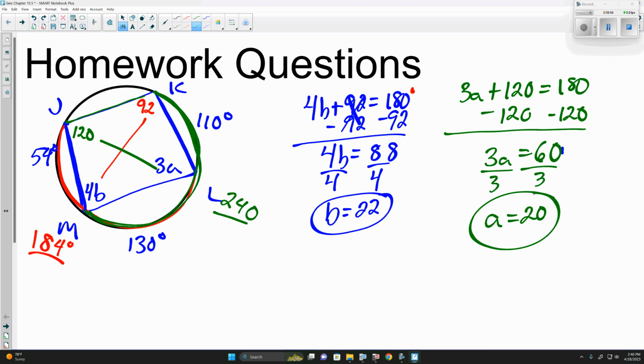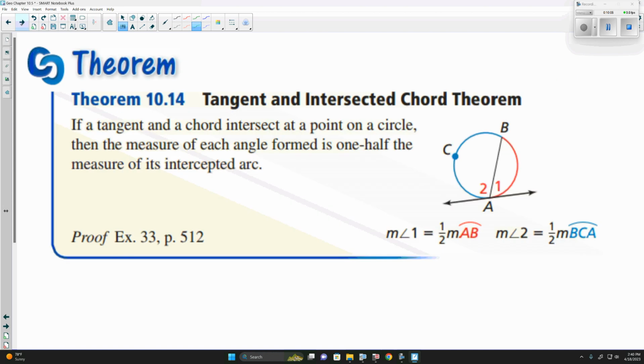All right. We're going to go on and start lesson 10.5. Now, the first theorem we're looking at is this one here, the tangent and intersected chord theorem. If a tangent and a chord intersect at a point on a circle, then the measure of the angle formed is 1/2 the measure of its intercepted arc.